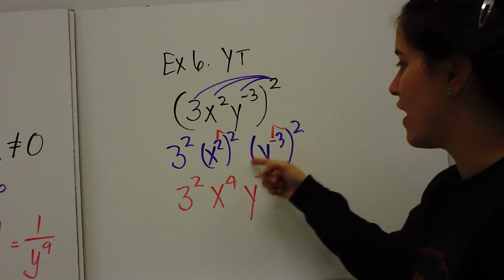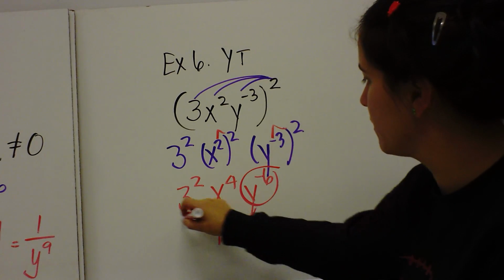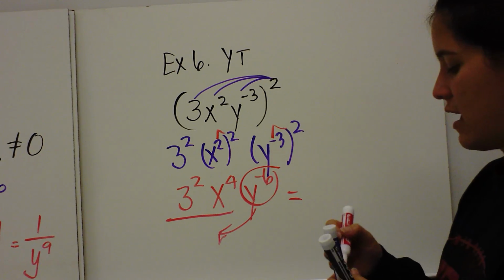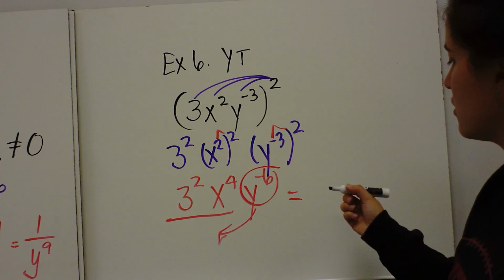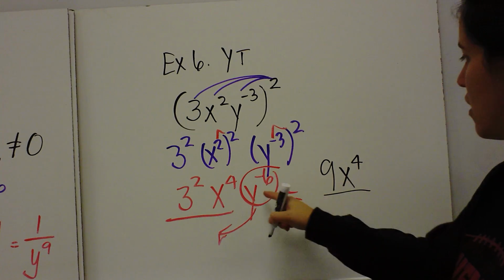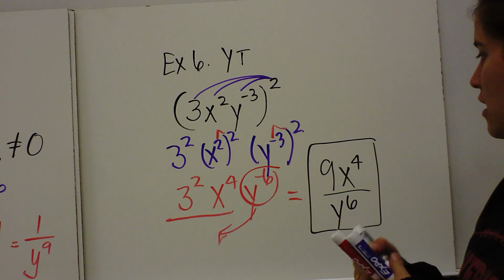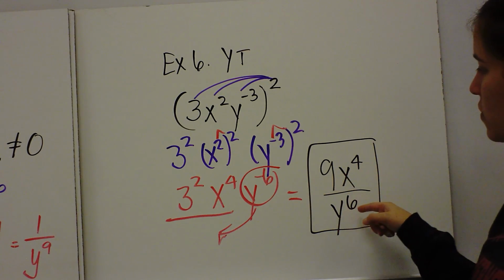But we can't have a negative exponent, so I've got to move this to the bottom. And then I can simplify my final answer. 3 squared is 9, x to the 4th, over y to the 6th. 9x to the 4th over y to the 6th.